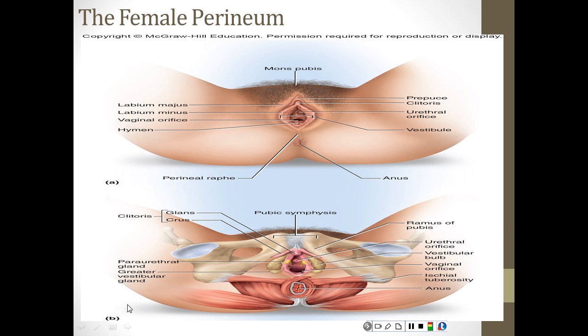Now, the vestibule is also lubricated by a number of lesser vestibular glands. We have a pair of mucus skene glands, which are very similar to the male prostate, and they open into the vestibule near the external urethral orifice.